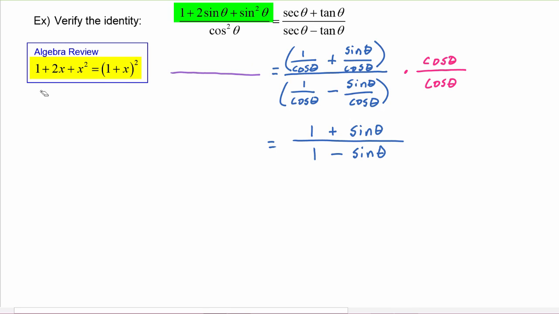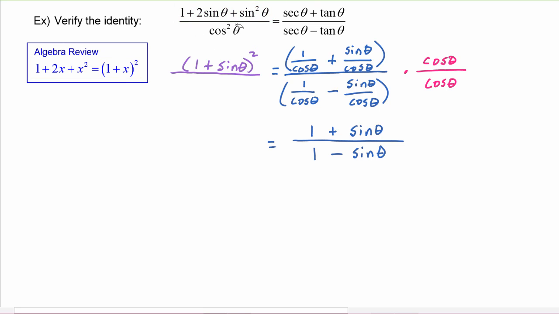I have a reminder for you right here, and this will factor into being 1 plus sine of theta quantity squared. And if we check it, we get 1 squared is 1, double the product, you would get 2 sine of theta, and then square the last term, you get the sine squared.